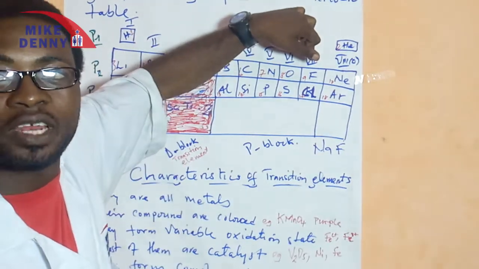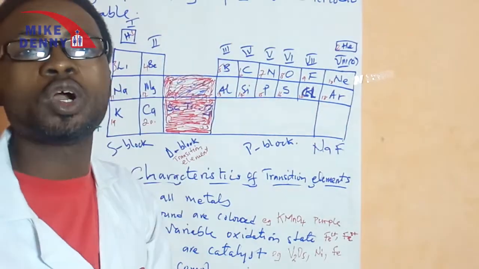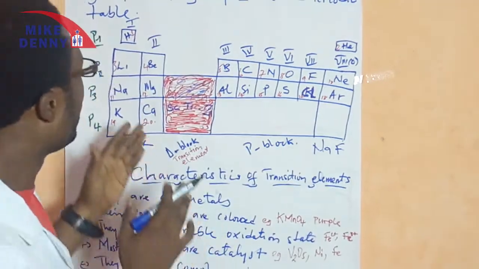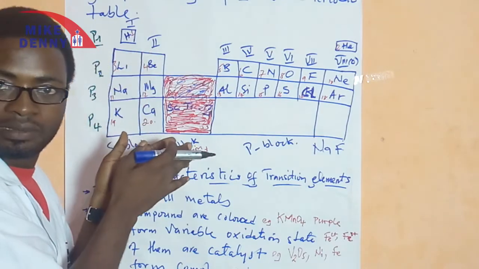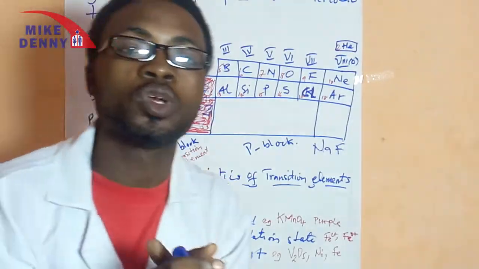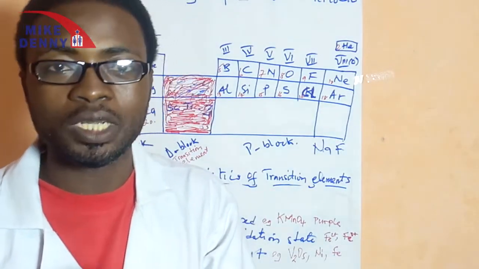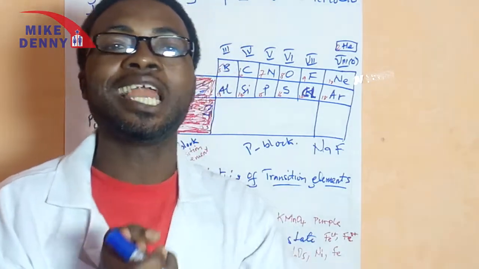And the group 7, we call them the halogens. Why do we call them the halogens? We are calling them the halogens because when this group 7 element reacts with any metals, it forms salt. So the group 7 elements are salt producers. That is the reason we call them the halogens.